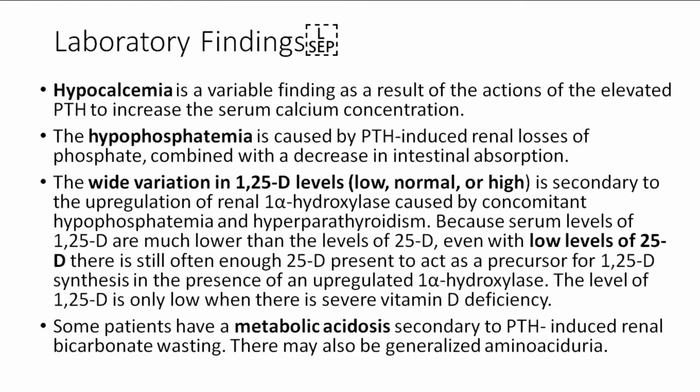Okay, sorry for misreading. Laboratory findings. Hypocalcemia is a variable finding as a result of the actions of the elevated parathyroid hormone to increase the serum calcium concentration. The hypophosphatemia is caused by parathyroid hormone-induced renal losses of phosphate combined with a decrease in intestinal absorption.